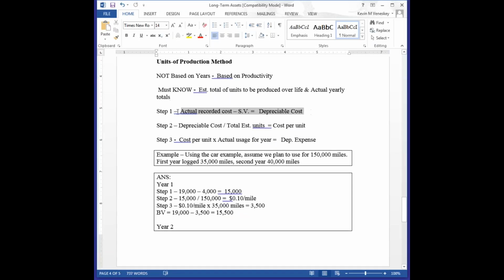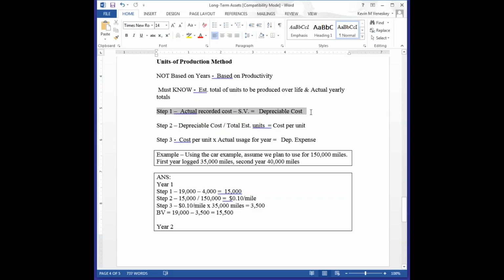Let's go through an example here. If I had an asset, let's make it easy, $12,000 with a $2,000 salvage. So that gives me a depreciable cost of $10,000. And then let's say I had a total of 100,000 units, 100,000 miles. I expect to drive my car, or I'm going to depreciate it based on $10,000, 12 minus the 2, $10,000 divided by 100,000, step 2.